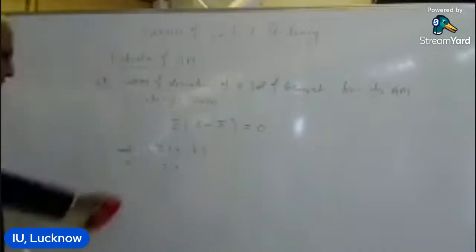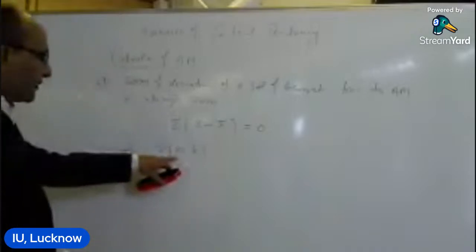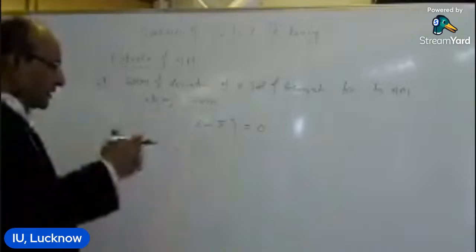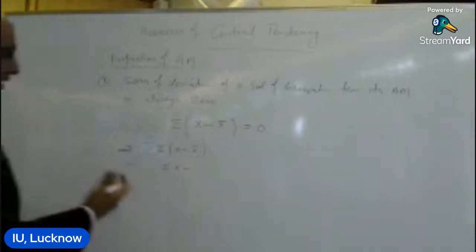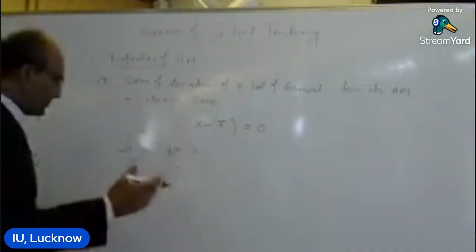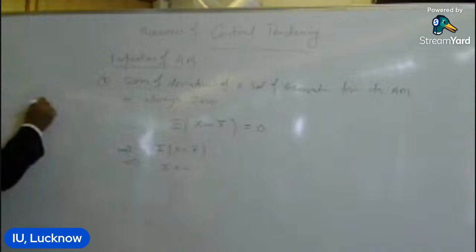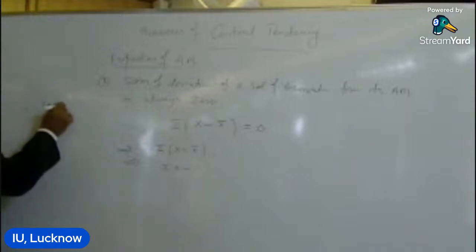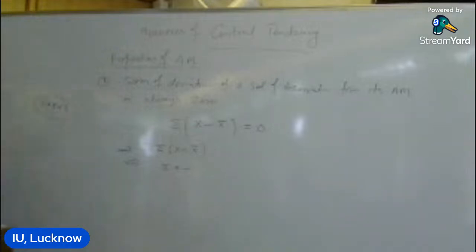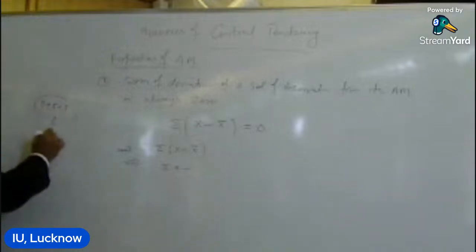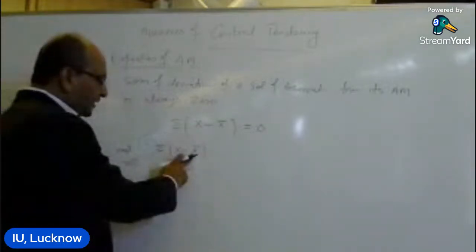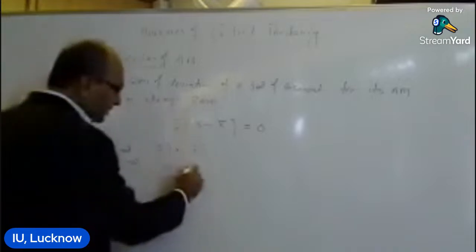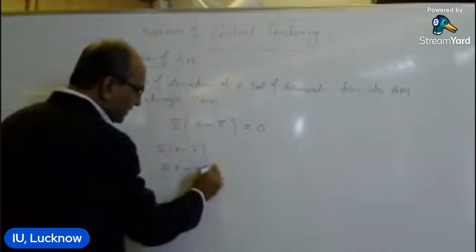Summing a constant n times means, if we have the constant 5 and we sum it 10 times, 5 plus 5 plus 5 up to 10 times, this can be written as 10 into 5. So since x bar is a constant and we sum it n times, this can be written as n into x bar.